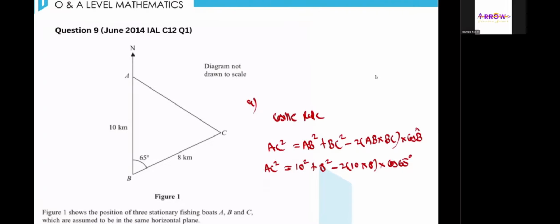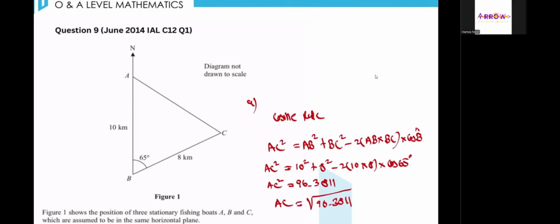So 10 squared plus 8 squared minus 2 times 10 times 8 multiplied by cos 65. The value of AC squared is 96.3811.